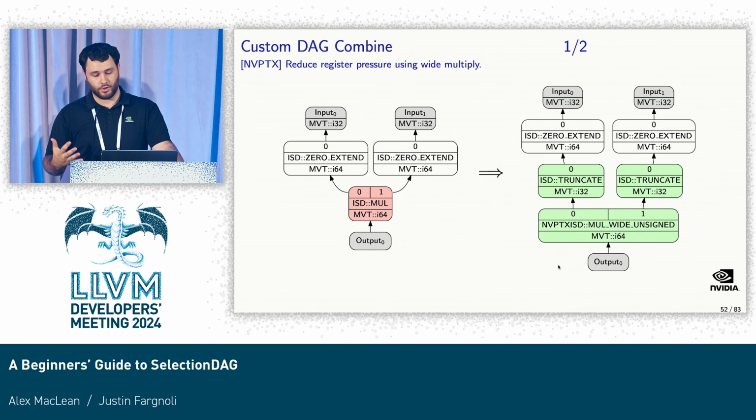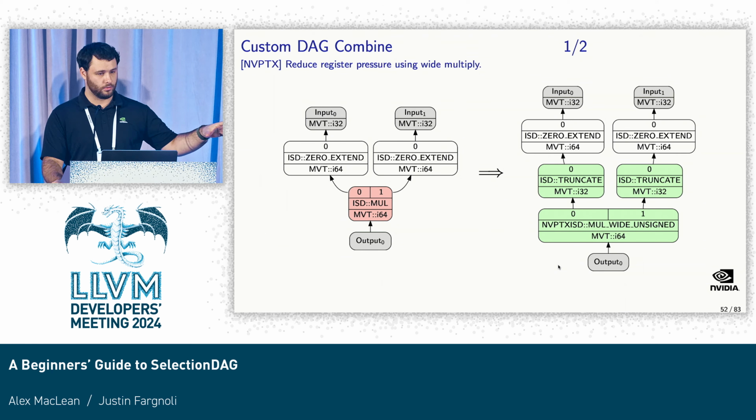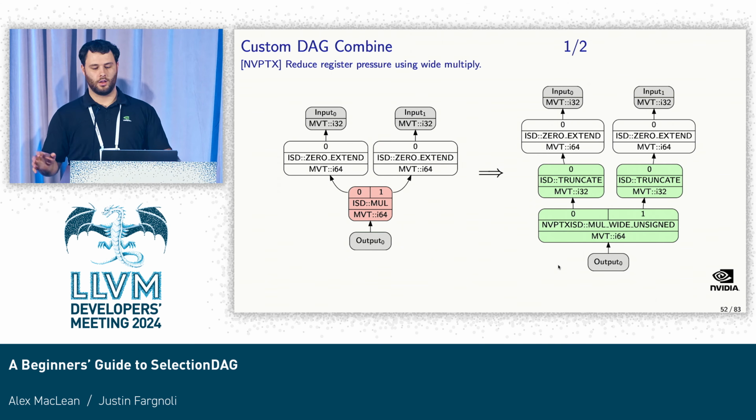So, as compiler engineers, we implement a custom DAG combine that examines our I64 mul to determine if the inputs are using the high 32 bits. In this case, it's relatively simple to see that our zero extends mean that we aren't using those bits, and so we can successfully transform it into a mul-wide by inserting truncates to make sure everything fits.